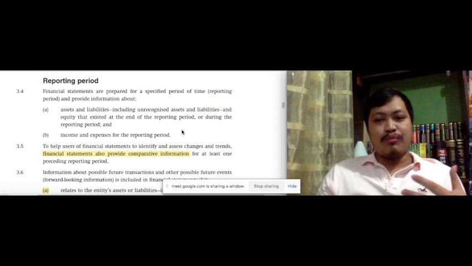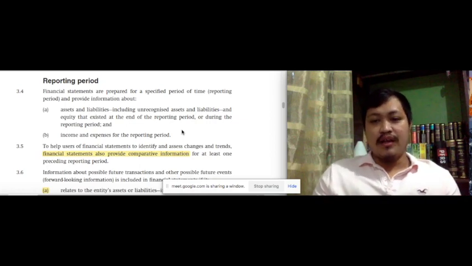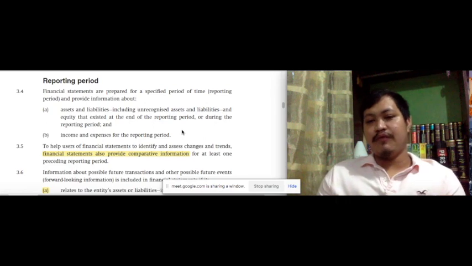Since we want to provide timely financial reports or financial statements, class, okay, but we also understand that we are working under the assumption that the life of the reporting entity is not limited. There is therefore a need for us to divide or to put checkpoints, class, in this indefinite life of the reporting entity.